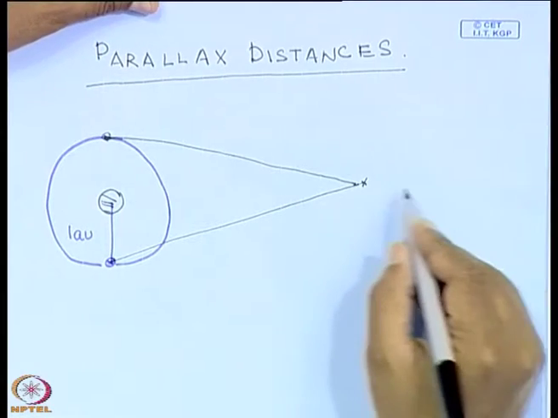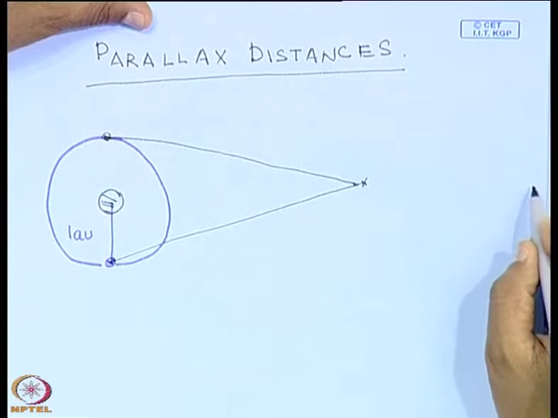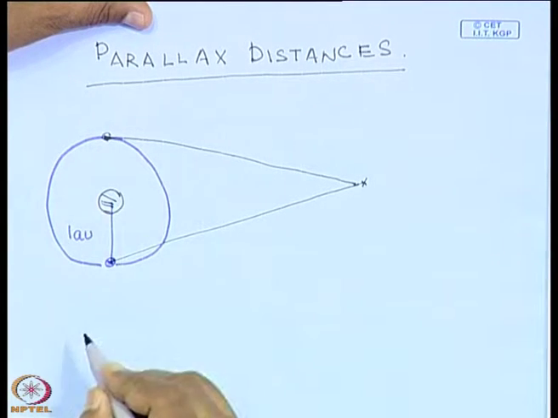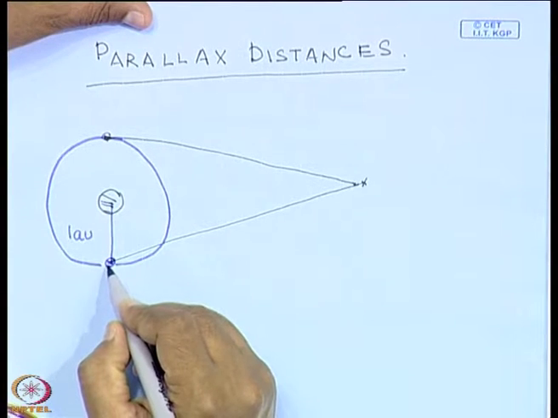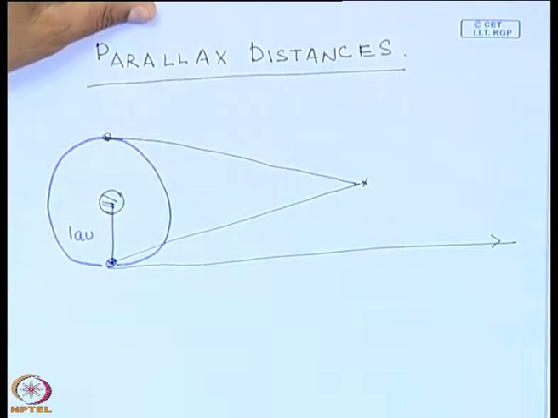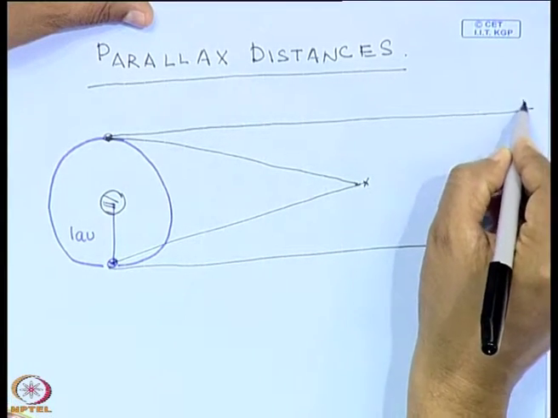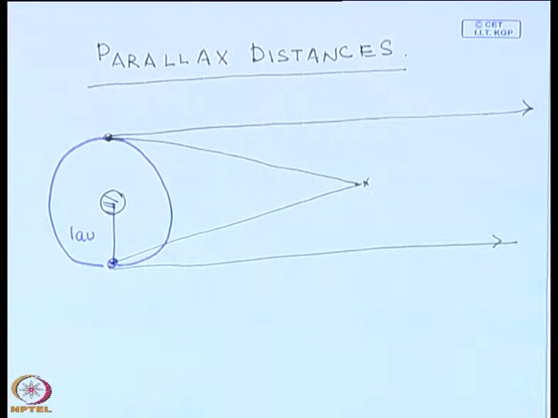One needs a reference point. For a reference, we consider very distant stars, very distant objects. So, if I have a very distant object, imagine a very distant object much beyond the size of this screen or the size of this paper where I am drawing. Just imagine such an object, and the change in the angle at which that object would appear would be imperceptible, much smaller than the change in a nearby object.